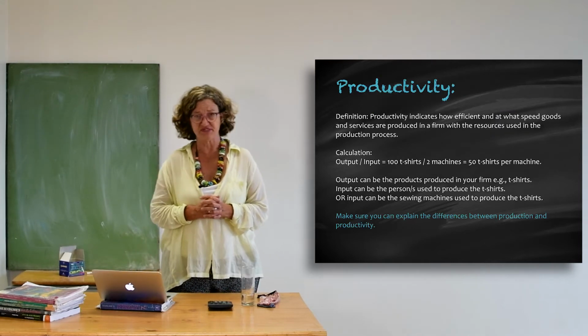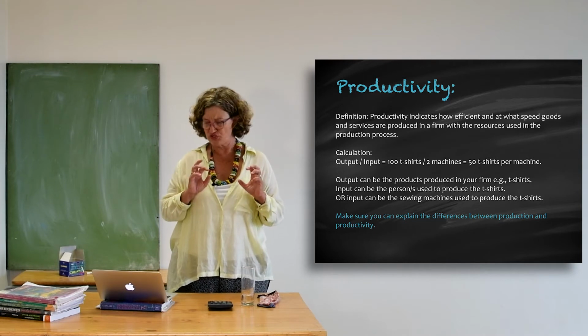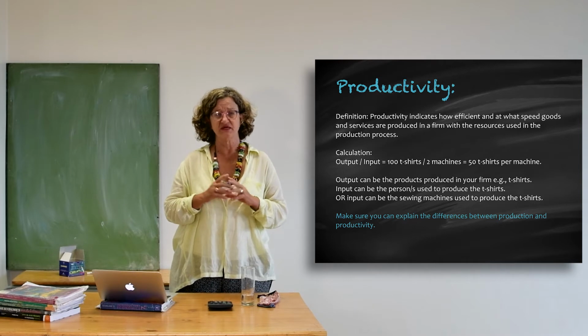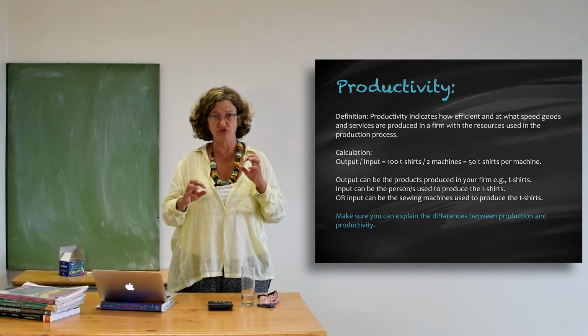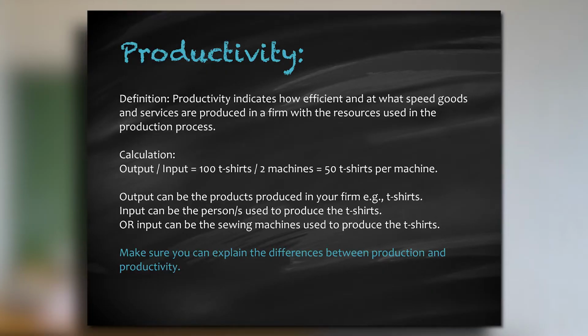Okay, productivity is different from production. And it is also, like I've said in the last sentence on this slide, very important that you can discuss the difference between them. Productivity indicates how fast, how efficient, at what speed you produce these goods and services.